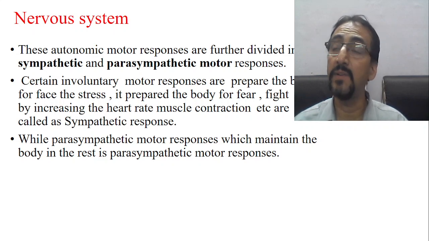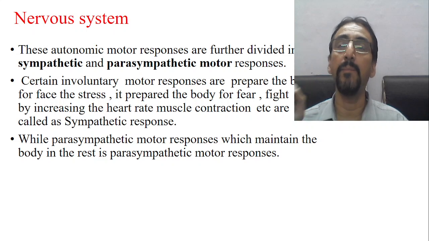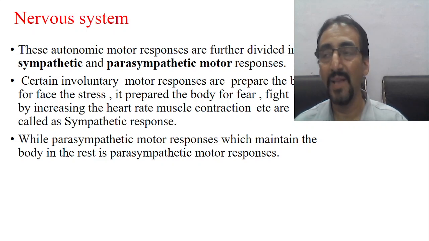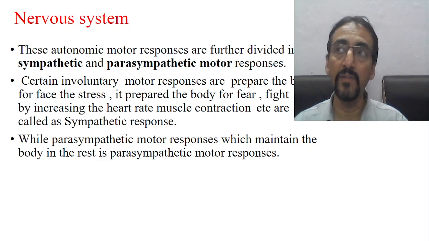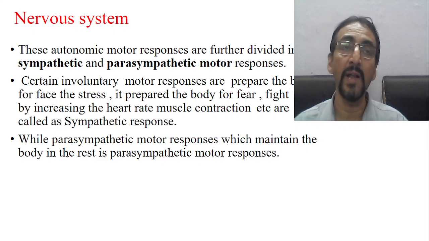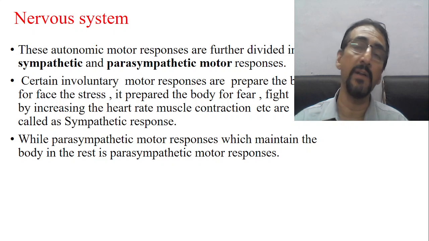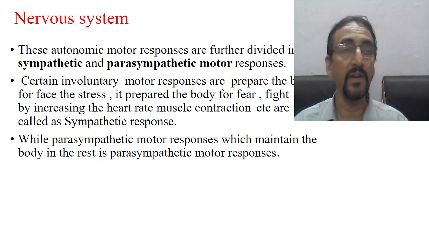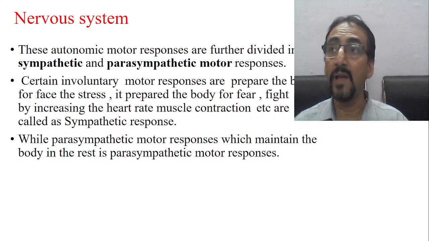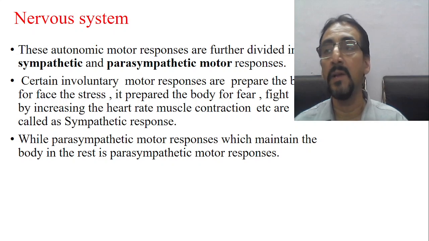They are the divisions of the involuntary peripheral nervous system. Involuntary, voluntary is another. The spinal nerves are supplying the voluntary muscles, skeletal muscles, but this is not like that. So they are called sympathetic and parasympathetic responses.